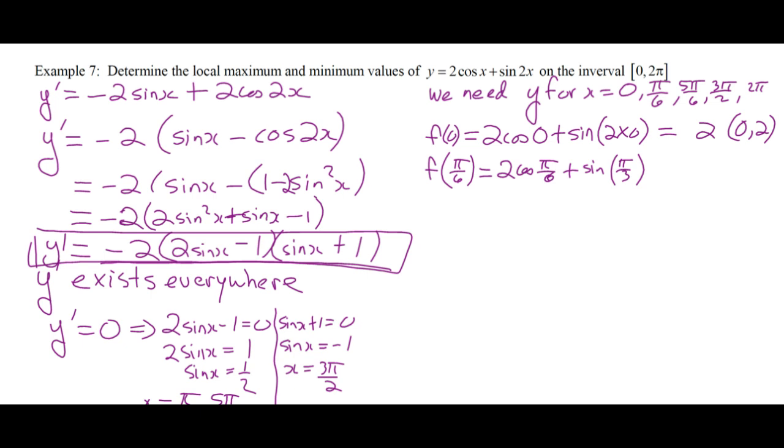So that's just going to be root 3. And the sine of pi over 3 is root 3 over 2. So we got a point at pi over 6, and that'll be 3 root 3 over 2. Right, because the first root 3 is 2 root 3 over 2 plus root 3 over 2. It's 3 root 3 over 2.